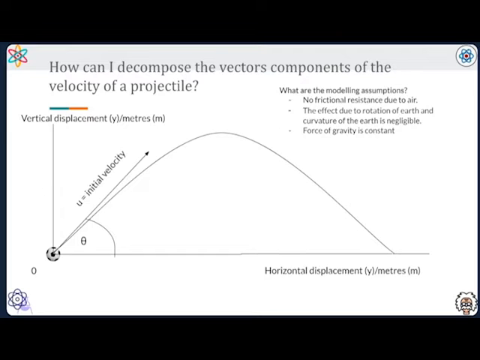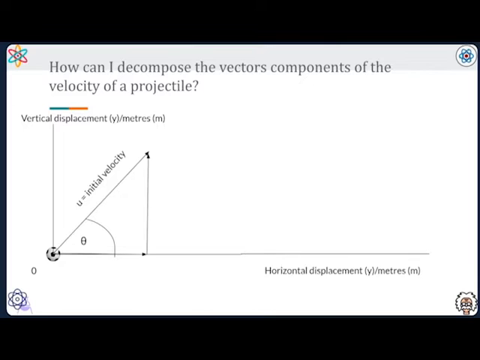Because the Earth is spinning, there are some really small physics effects going on with the ball, but it's basically negligible, right? It also assumes that the force of gravity is constant. You know how in A level physics, the acceleration due to gravity is 9.81 meters per second squared. At GCSE, it's 10, but at A level physics, you'll work with the closer, more real value of 9.81.